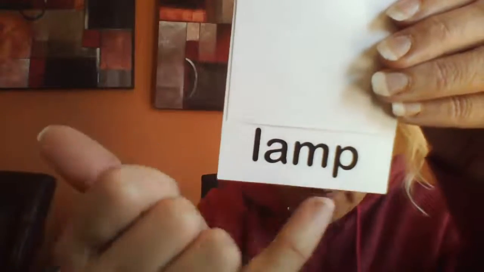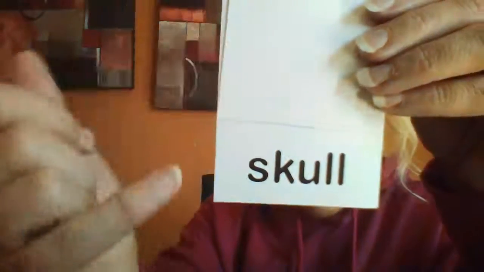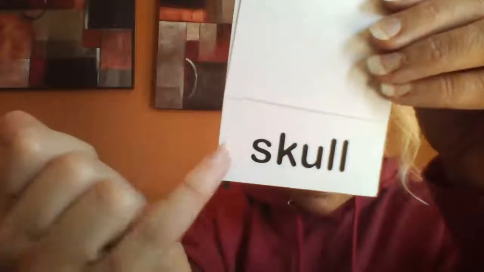Okay, I'm going to put my speed helmet on. We're going to do it a little faster on these next ones. So see if you can try and read those quickly. Lamp. Lamp. Ding, ding, ding. Skull.